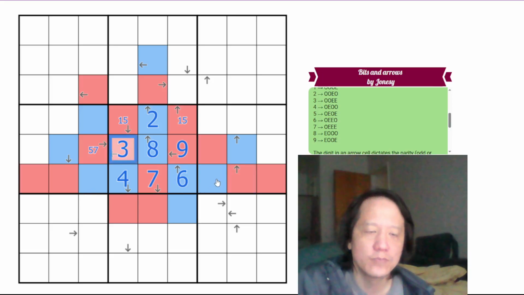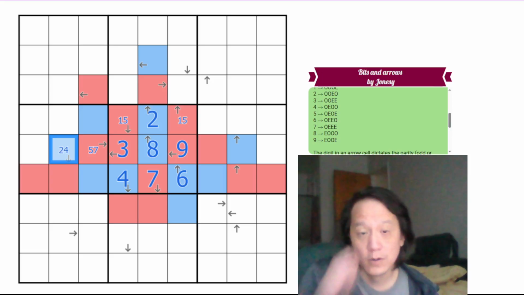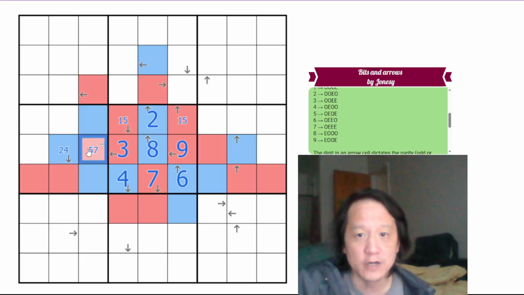Okay. This cannot be 6 because if you have odd, even, even, odd, that's 5 odds in box 4. So it's 2 or 4 here, which means we have odd, odd, and we have one of these being even. So that forces this to be odd here.